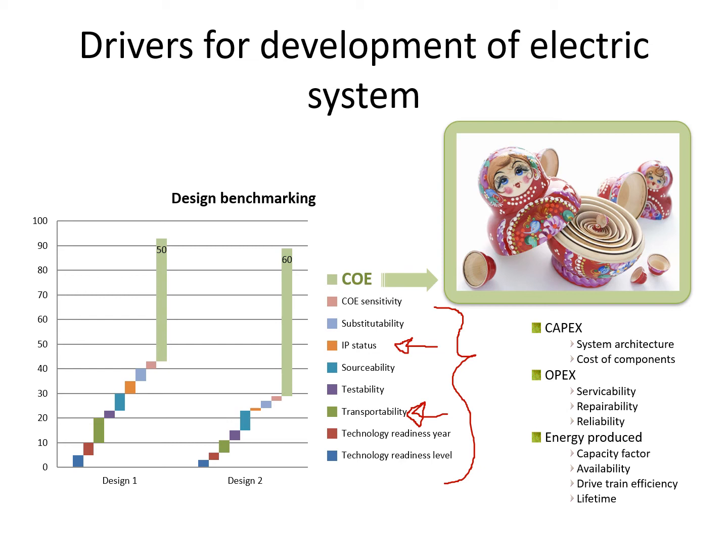And we can see that, for example, here cost of energy is 50 and here it is 60, but still, because of factors other than cost of energy, this second design is better than the first one. So this is the first one, this is the second one.